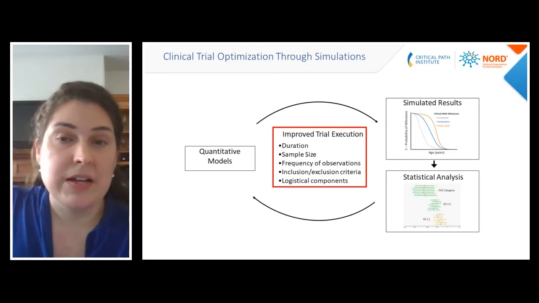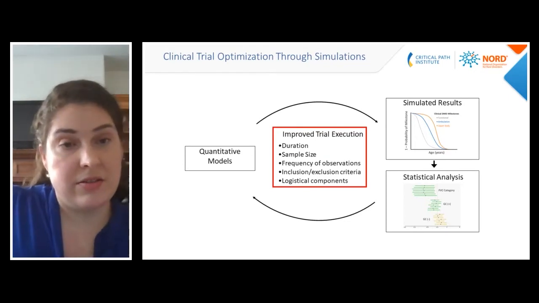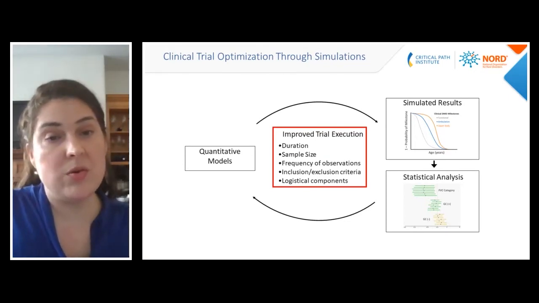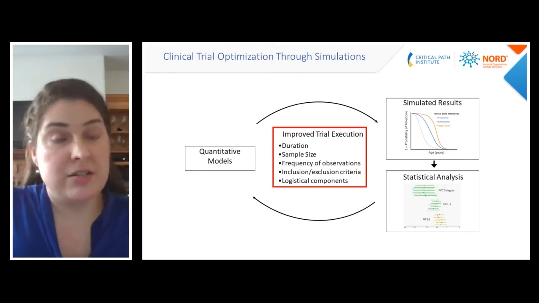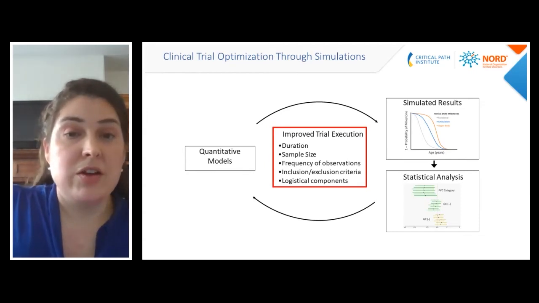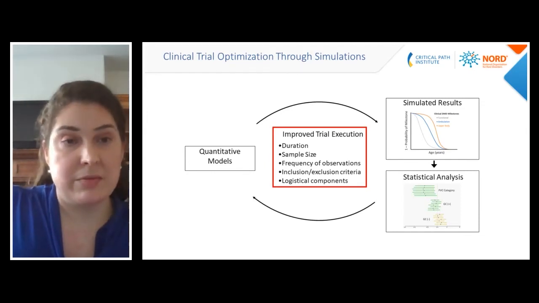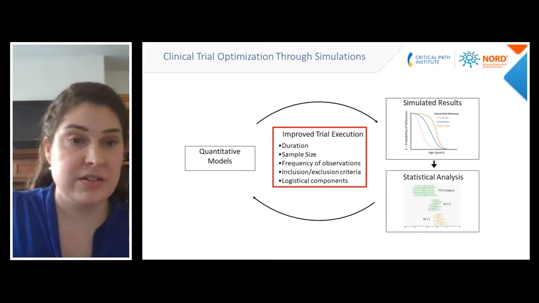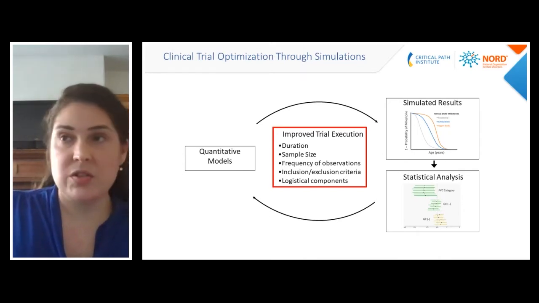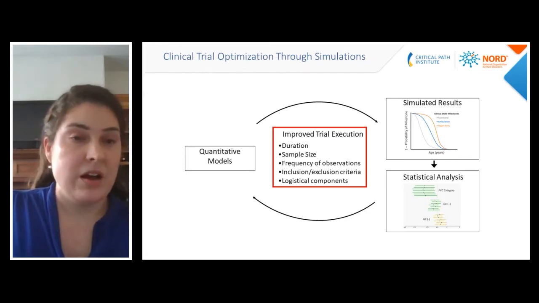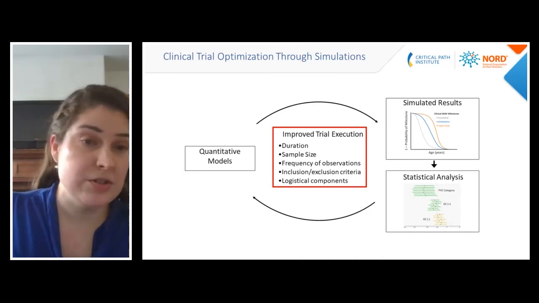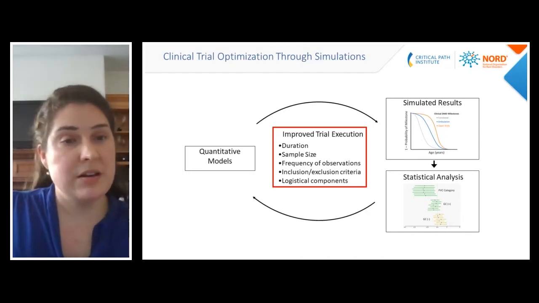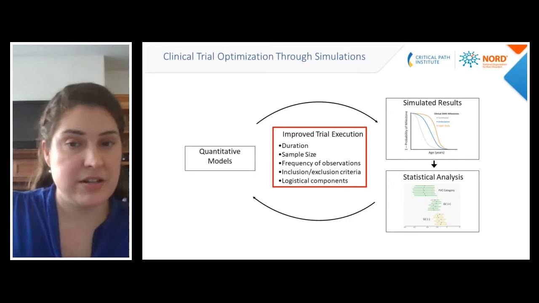This is an example of how that occurs iteratively in these quantitative models. So the goal, of course, is to take this data that has been integrated, understand what it is telling us, use that to simulate and provide an in silico environment in order to address many of the key questions of a clinical trial, to ask questions about progression, exclusion and inclusion criteria, the frequency of patients having to drop out of a study, for example.